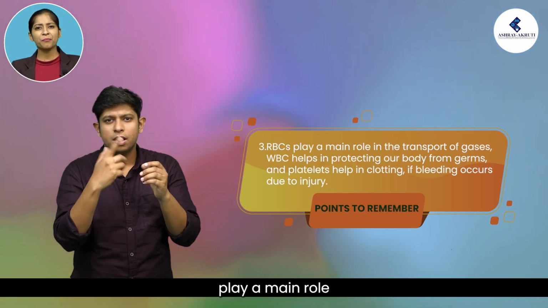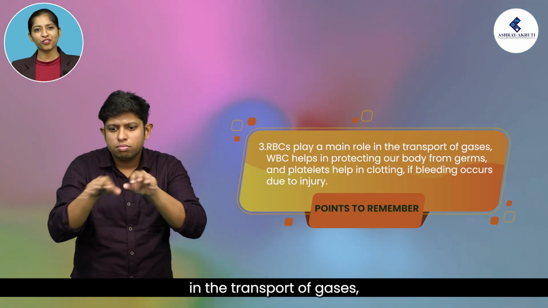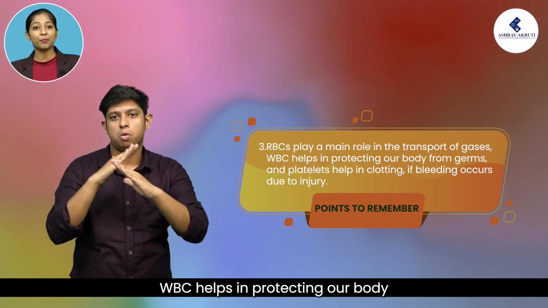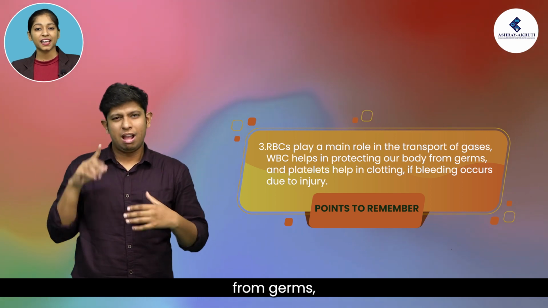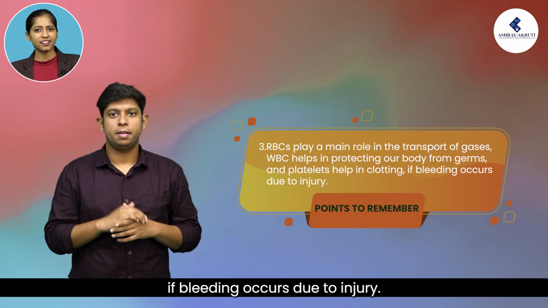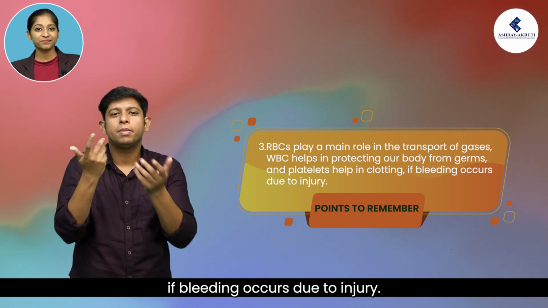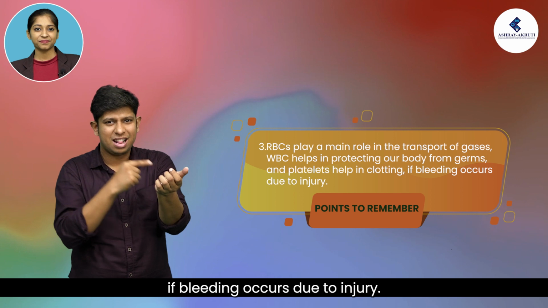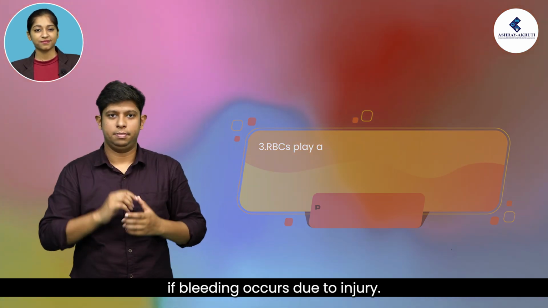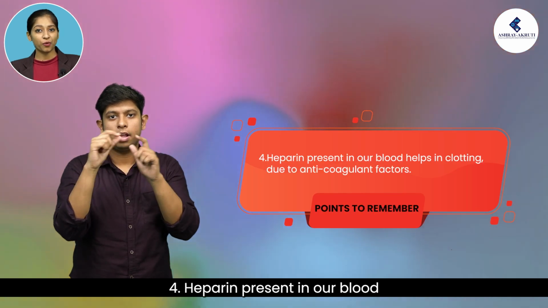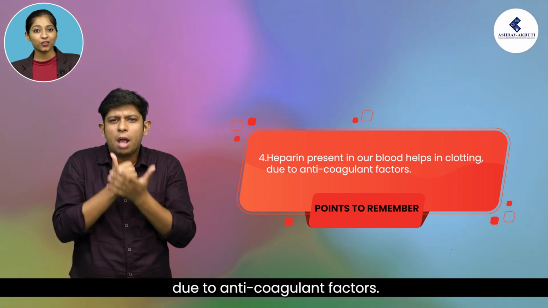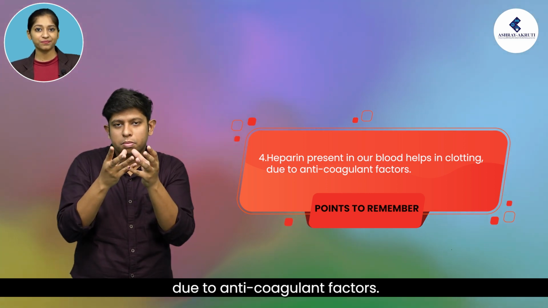RBCs play a main role in the transport of gases. WBC helps in protecting our body from germs, and platelets help in clotting if bleeding occurs due to injury. Heparin present in our body helps prevent clotting due to anticoagulant factors.